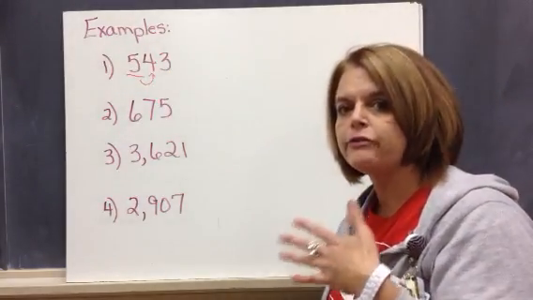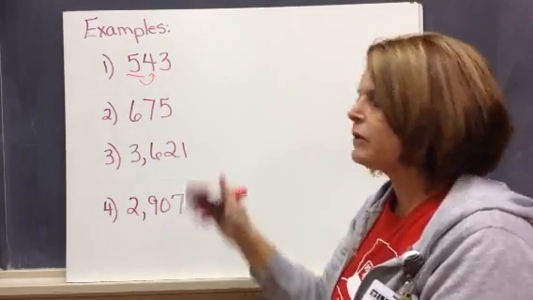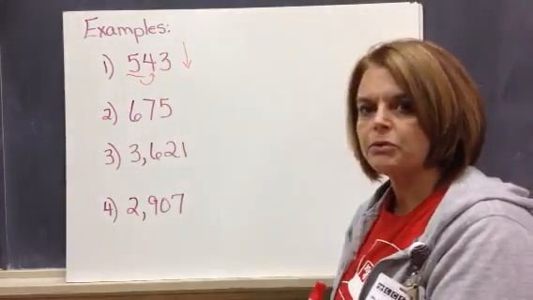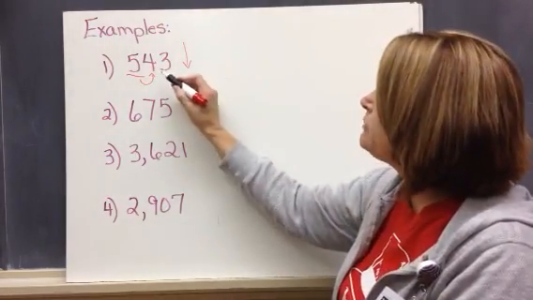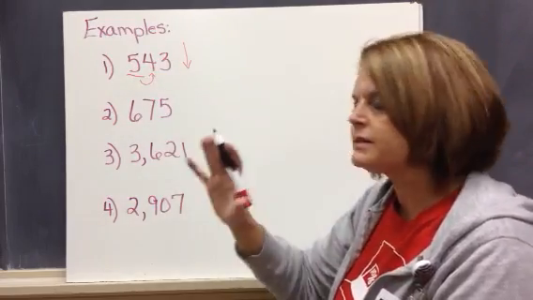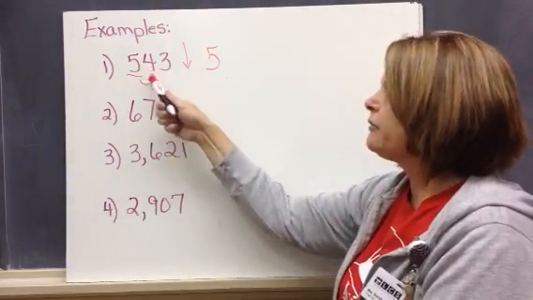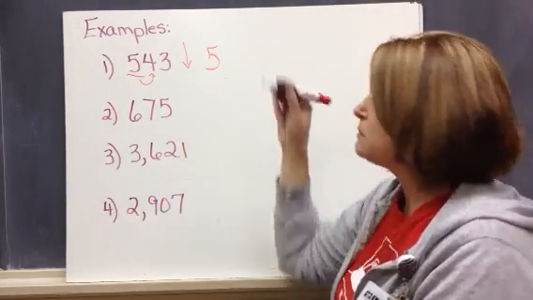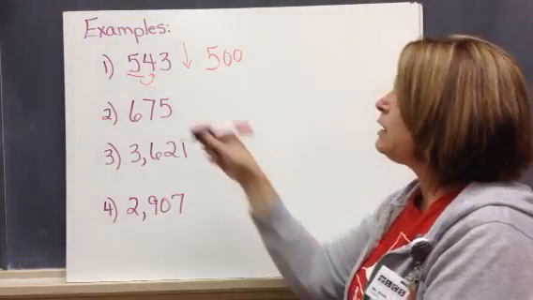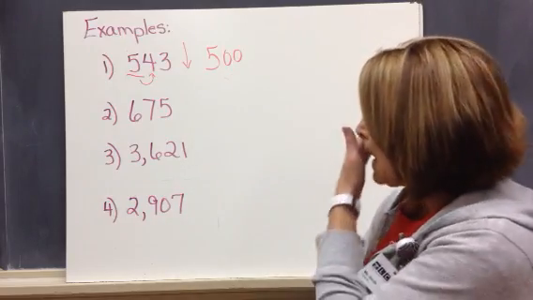If it's 5 or more, I'm going to round up. If it's less than 5, I'm going to round down. 4 is less than 5, I'm going to round down. If I round down, the digit in the rounding place stays the same. So my 5 is going to stay the same. Everything to the right becomes a 0. So 543 rounded to the nearest 100 is 500.